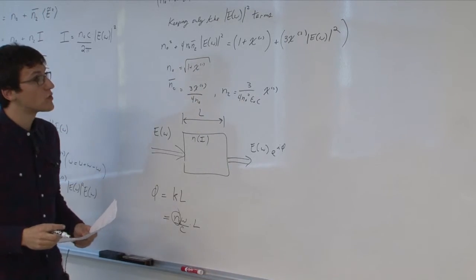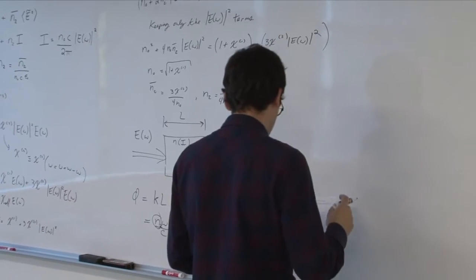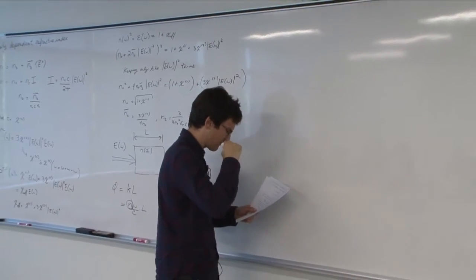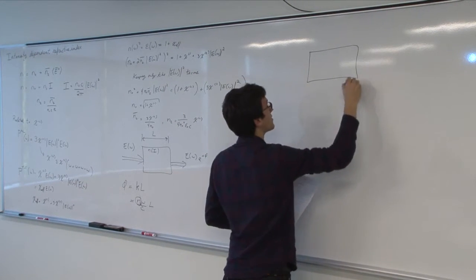There's another way to measure the refractive index that depends on intensity. This is called the weak wave retardation. So it's a very similar principle.